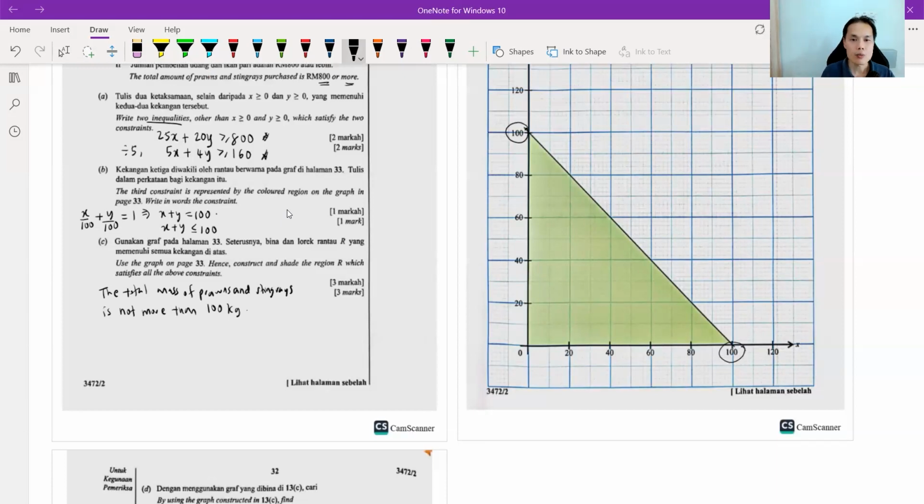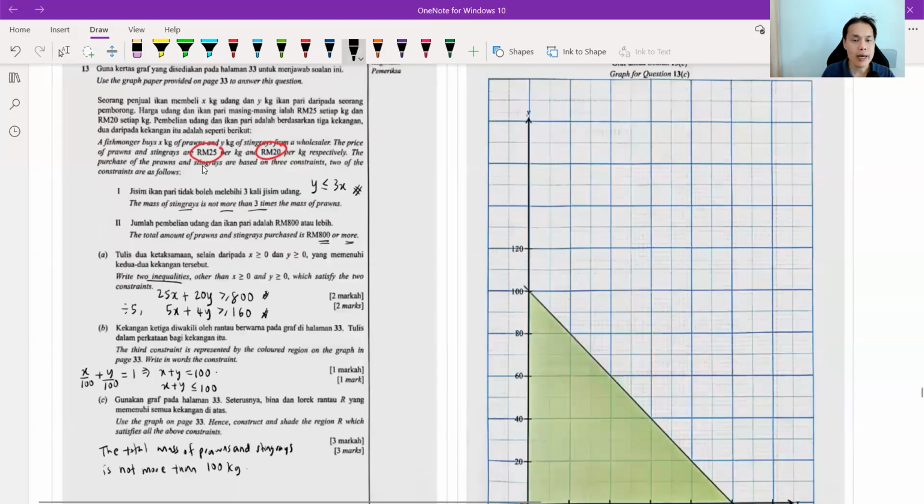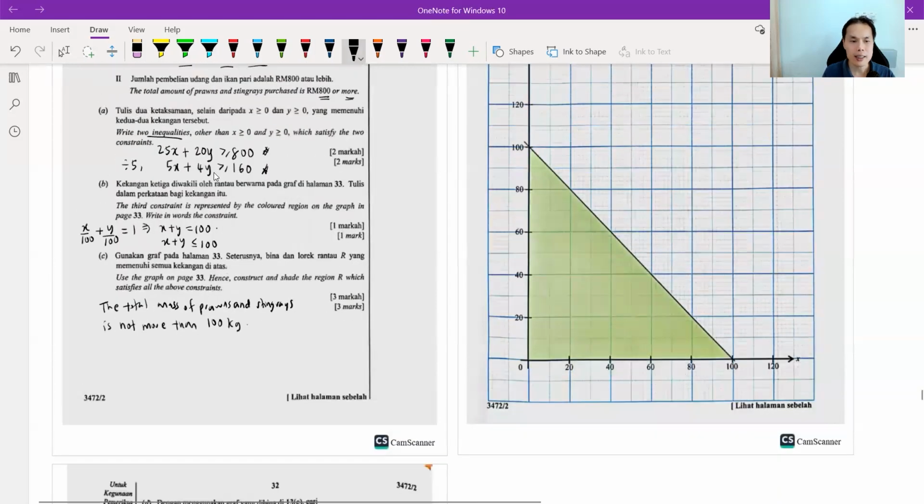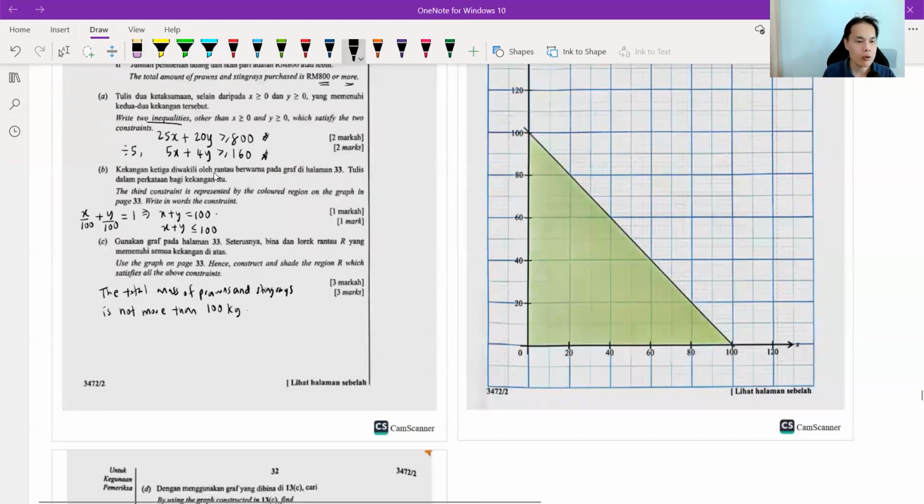Okay, C, we are supposed to construct and shade the region R that satisfies all three constraints. Well, the third constraint we already have. The first two, we need to draw the straight line. Remember, the first constraint I've got is y less than or equal to 3x. For y equals 3x, if I use a table of values, we put x equals 0, y equals 0.